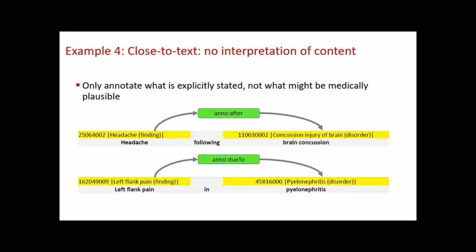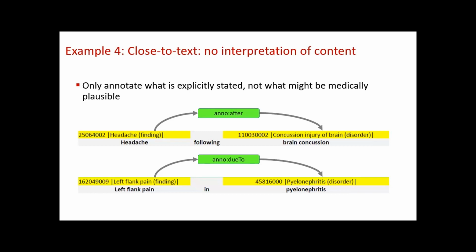Then another principle, close to text. The annotators should not lose productivity by discussing whether, for instance, here headache following brain concussion, this is after or due to. No, it's written following, so it's a temporal relation.